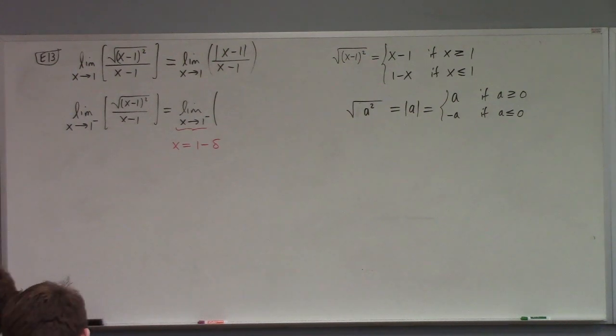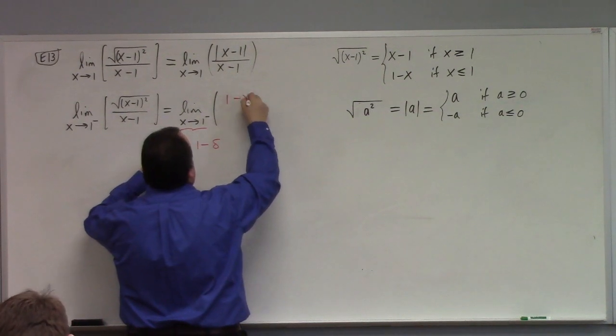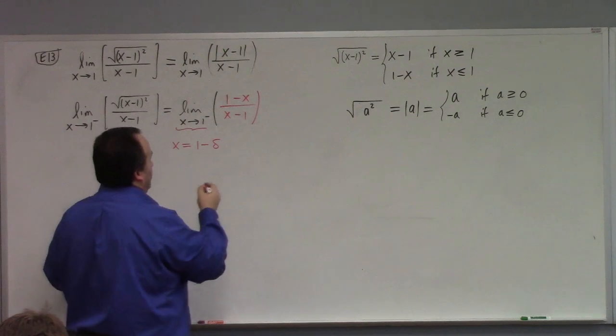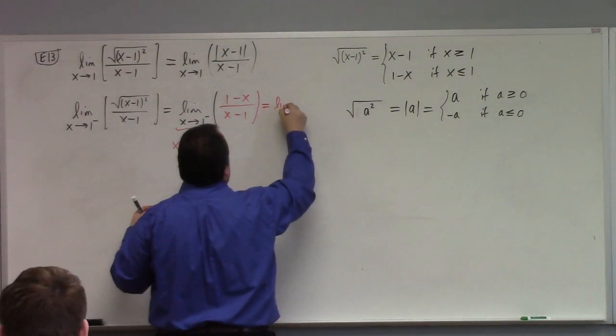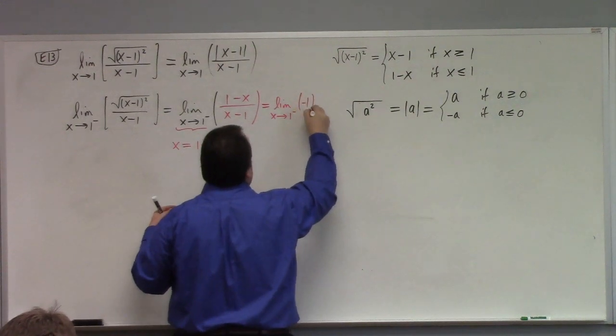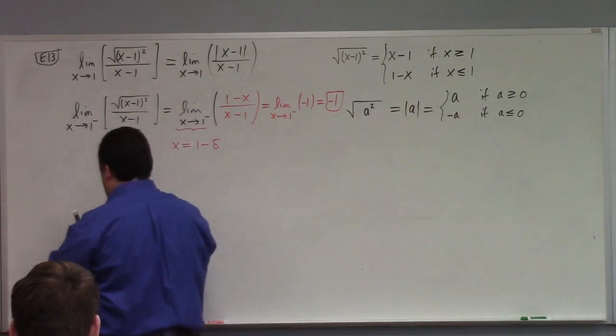It's a little bit to the left of 1, which means you're in the case that the absolute value is eating a negative, which means it flips it. In short, to the left of the limit point here, we have 1 minus x over x minus 1, which of course works out to what? So the answer is -1 from the left.